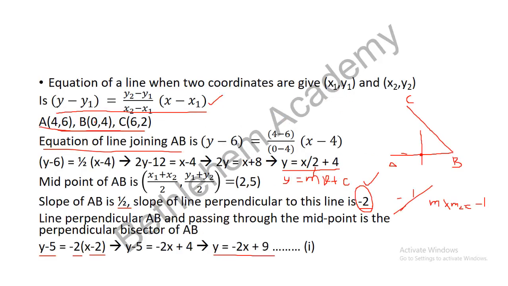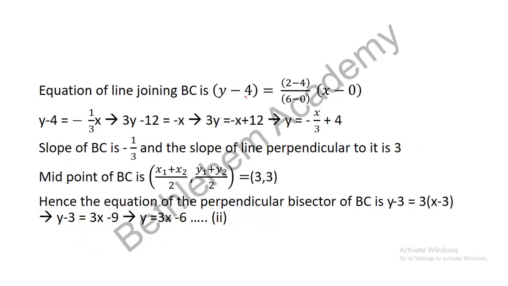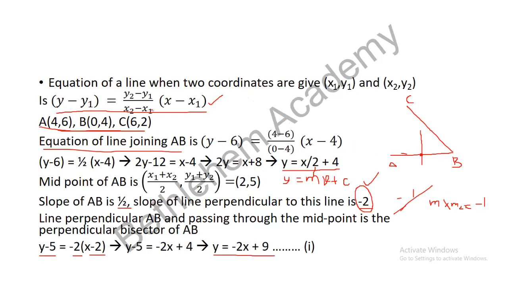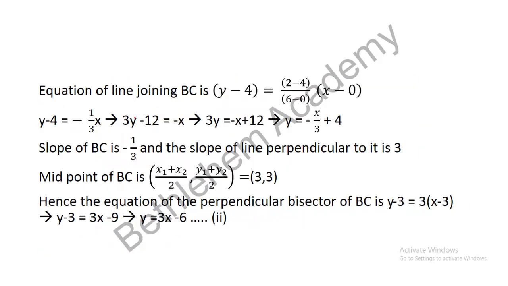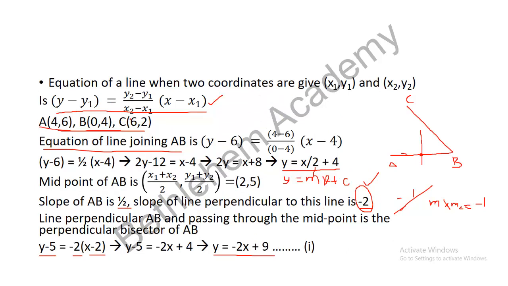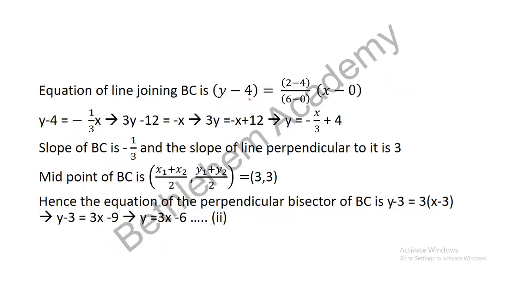So this is B, this is C. So y minus y1, that is y minus 4, and y2 minus y1, that is 2 minus 4, divided by x2 minus x1, that is 6 minus 0, multiplied by x minus x1, that is x minus 0.